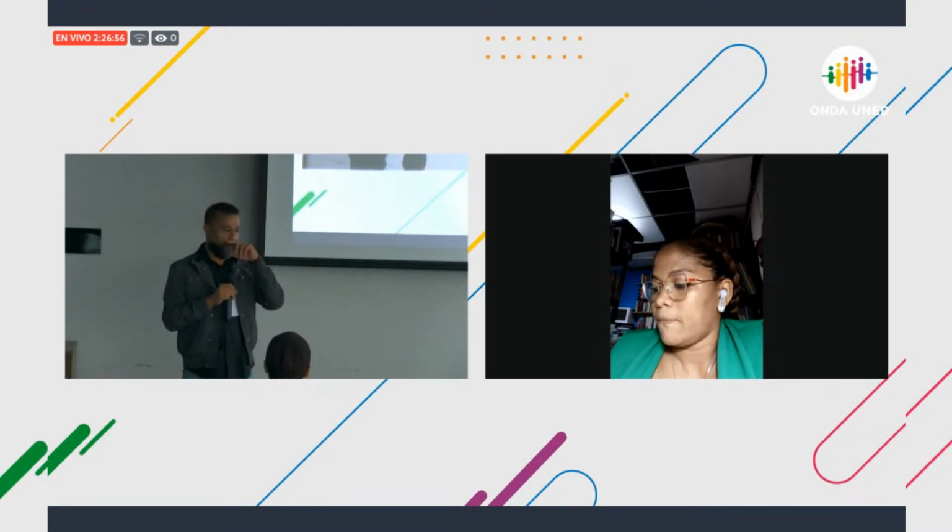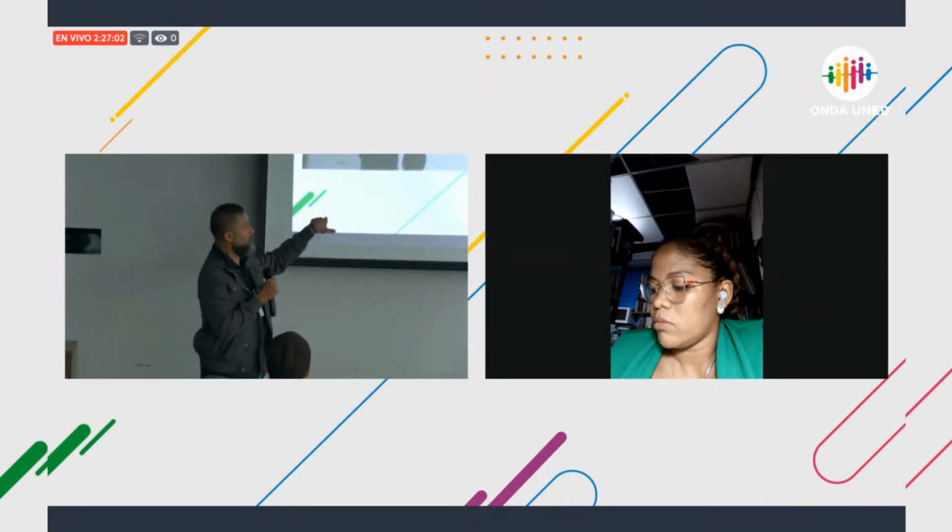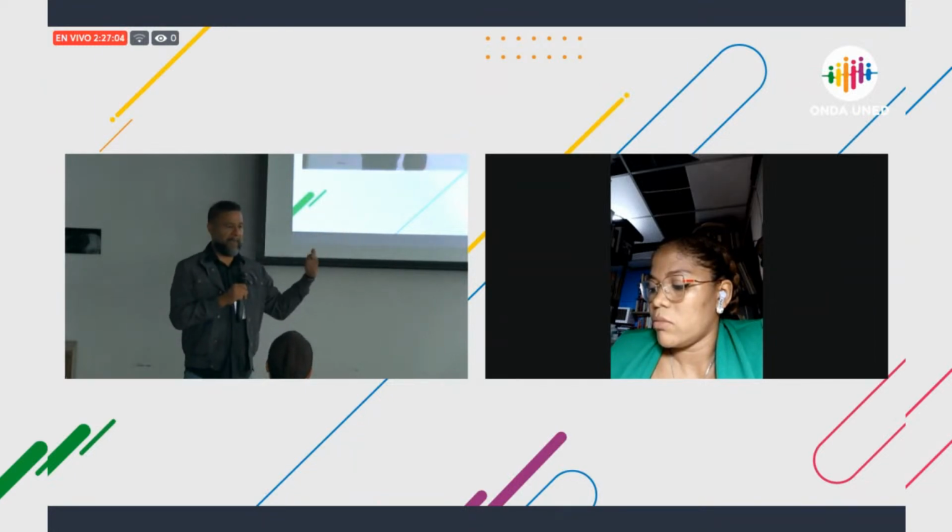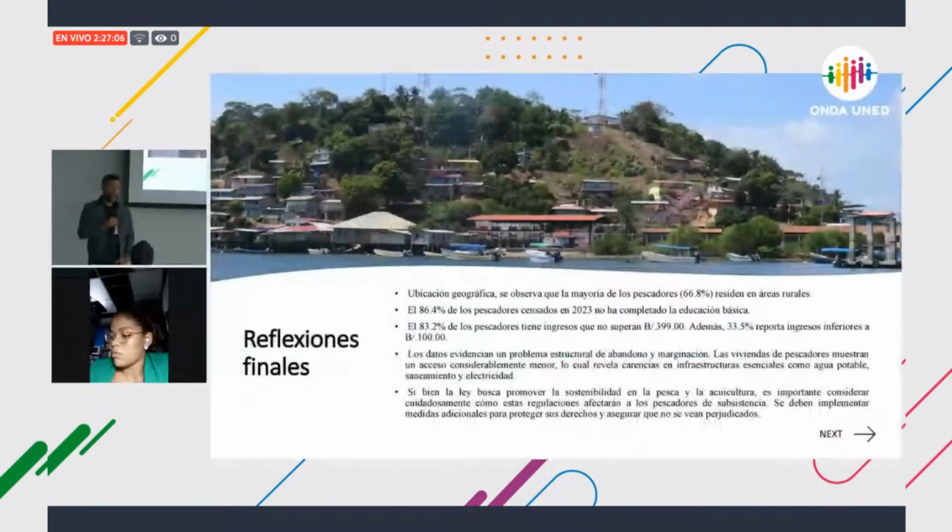But what surprised us a lot in a qualitative job that we did with Samuel Pinto, the professor, is that we looked at how this area, in the last picture, in San Miguel Gulf, has lost a lot of natural resources because of the fishing activity.